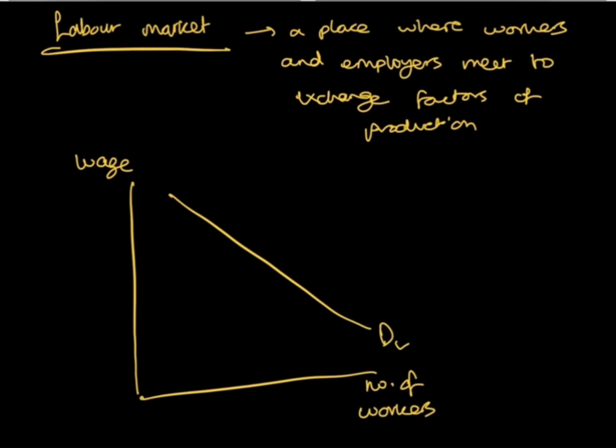Yeah, this is a weird one because of the correlation. You would naturally think at a really high wage, you're less willing and able to hire workers. At a low wage, you're willing and able to hire more workers.